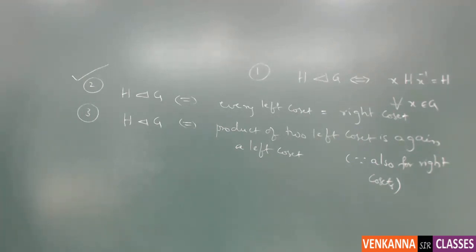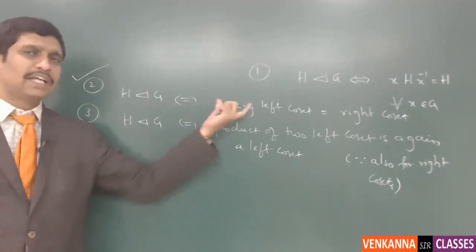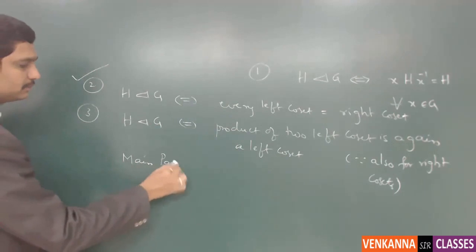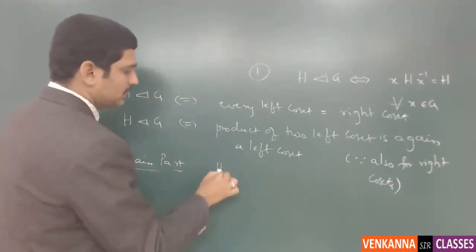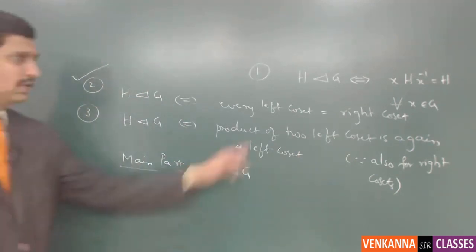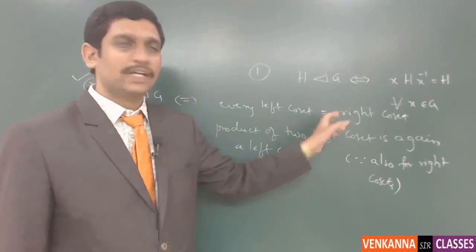After noting, please tell. So here it contains the main part as well as the converse part. Suppose we take the main part. Say H is a normal subgroup of G. So what we have to show? Every left coset equals the right coset.